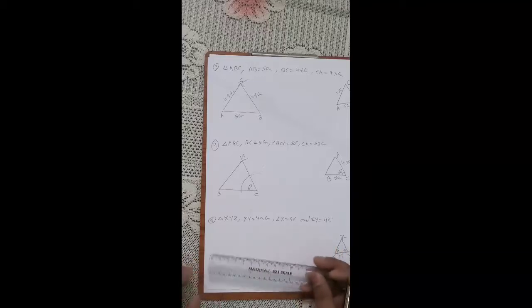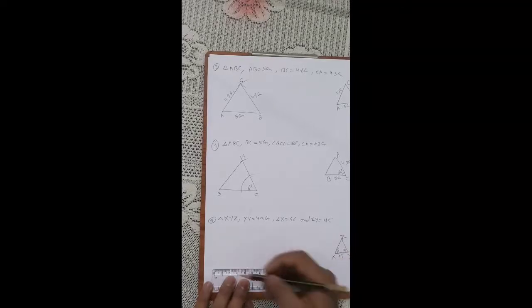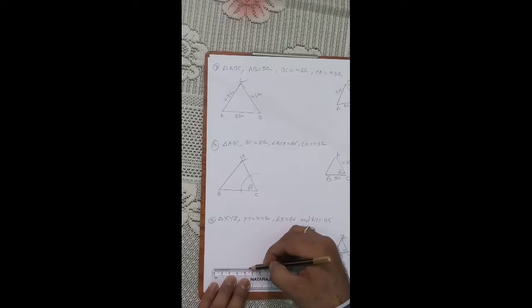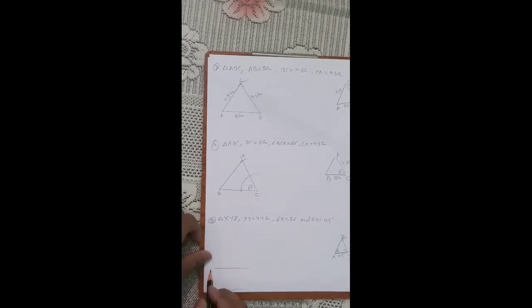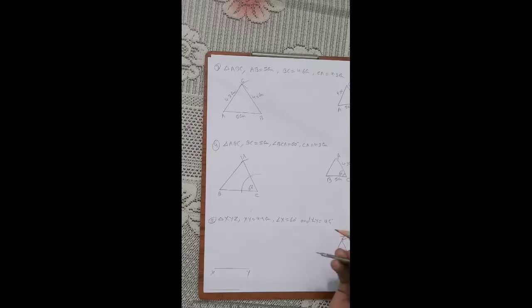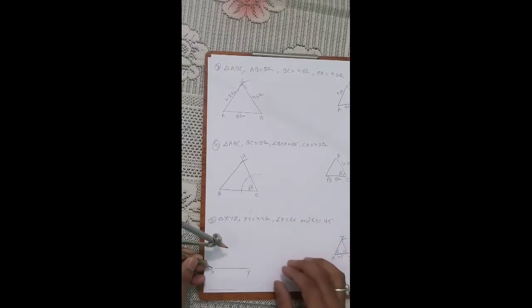Again, first we will take the scale. With the help of a scale, we will draw the line segment of 4.5 centimeter, from 0 to 4.5. We will name it X and Y. After that, we will take our compass. First, we will draw the 60 degree angle because it is easy.